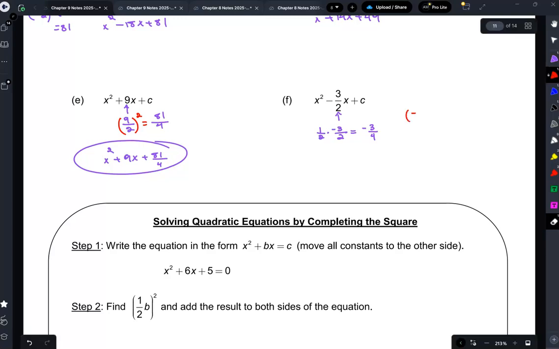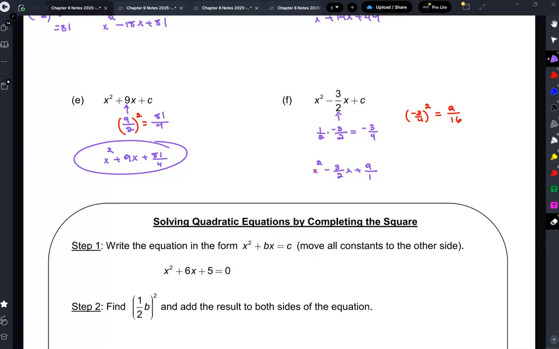Now what I do is I take negative 3 over 4 and I square it. So I get 9 over 16. x squared minus 3 over 2 x plus 9 over 16. You all need to be writing this down. Okay.